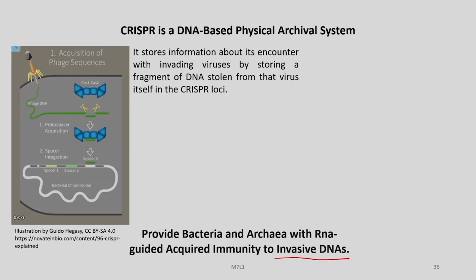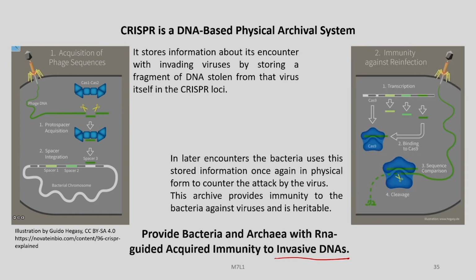Now there are a few important things about this acquired immunity. So there has to be some kind of acquisition of the enemy DNA, which we already discussed in the earlier part. In this acquisition of the foreign sequences, there is storage of information about its encounter with the invading virus by storing a fragment of the DNA stolen from that virus itself into the CRISPR loci.